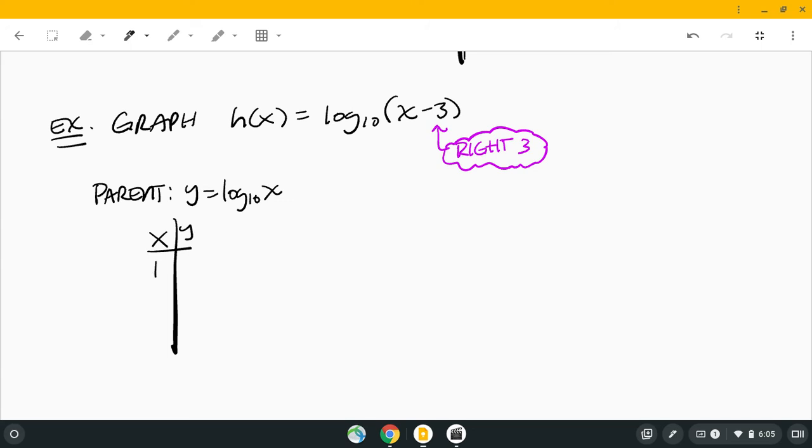I always love 1, 10 to the 0. I guess I'll do 10, so 10 to the first power is 10. And I like 1 over 10, 10 to the negative 1.